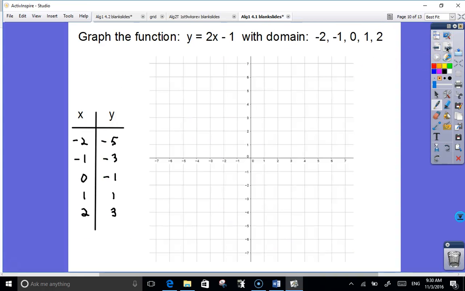So now if we're going to graph those, from the table of values, let's see, -2, -5 should be about right there. -1, -3. 0, -1. 1, 1. And 2, 3. Okay, that's the graph. So don't try to connect them with a line. If they give you a domain of just a certain set of numbers, then you just draw the points and you're done. Okay.